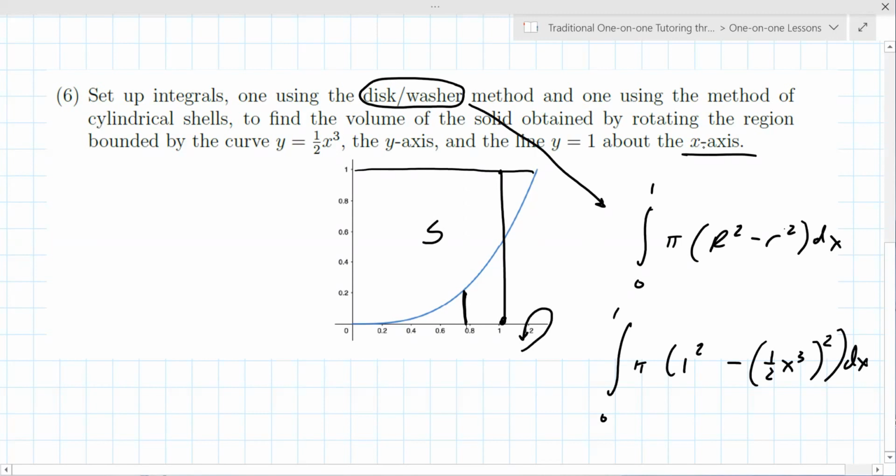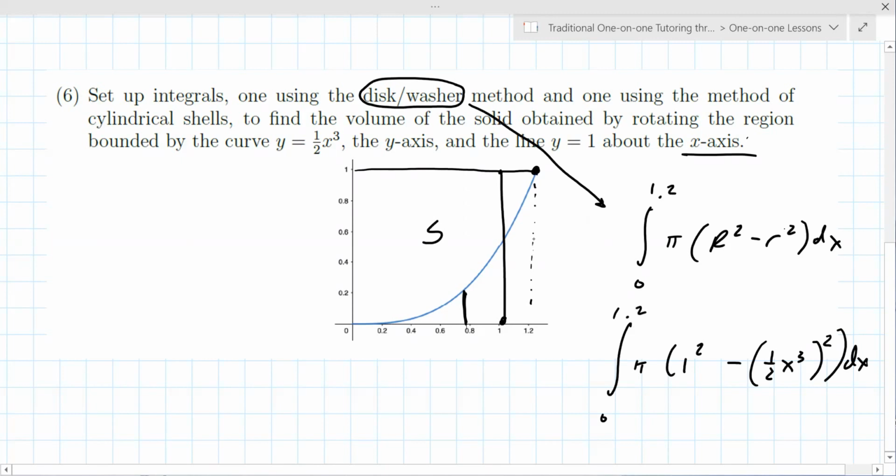Well, doesn't the line go from 0 to 2? Oh, yes. Wait. No, I'm sorry. It goes wherever this is, which I don't actually know where that is. I guess it's 1.2.